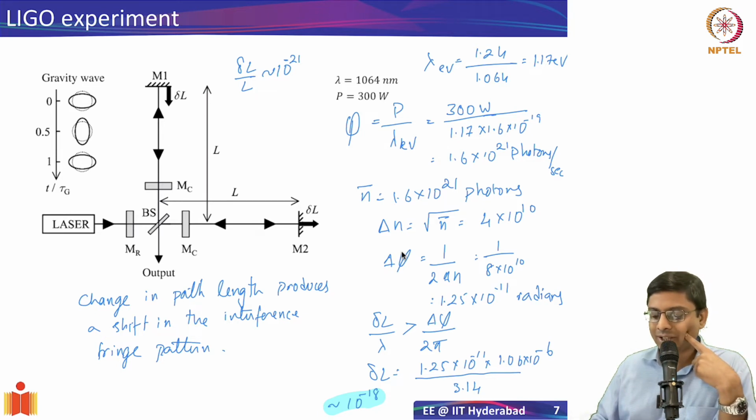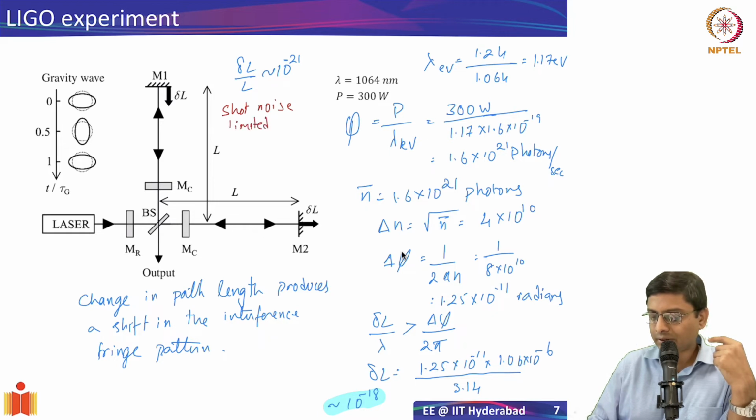So to achieve this shot noise limit, the shot noise limited delta L is equal to 10 power minus 18 meters, right?